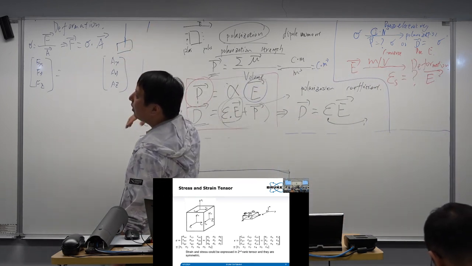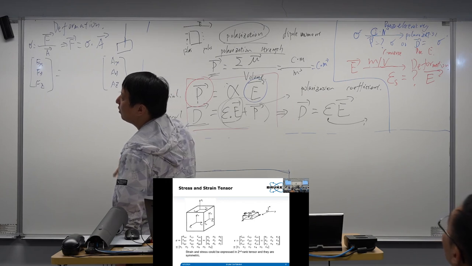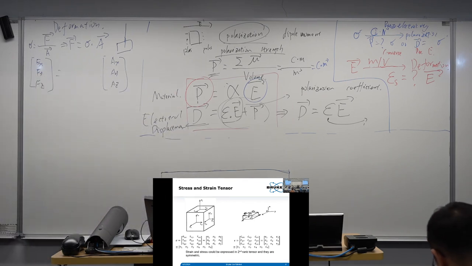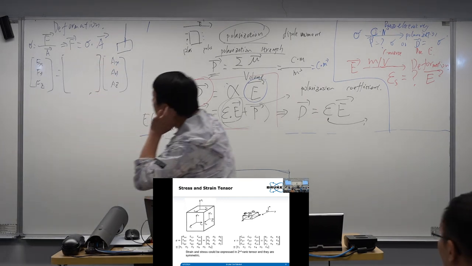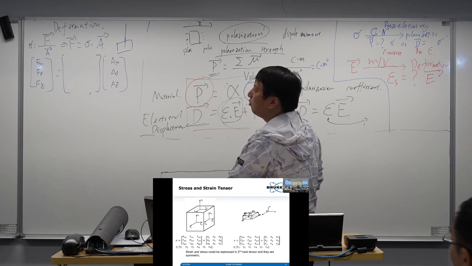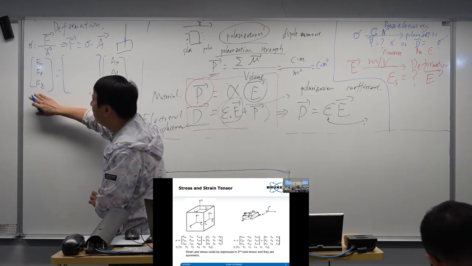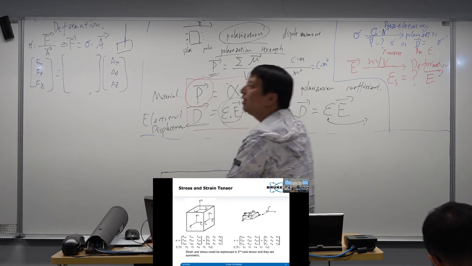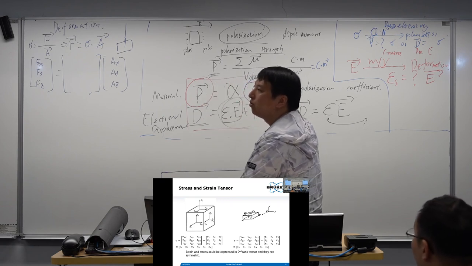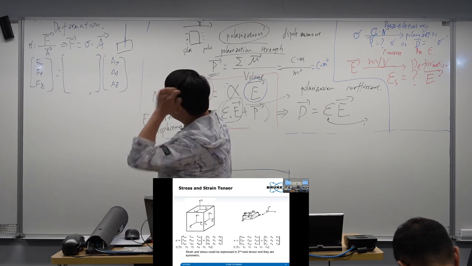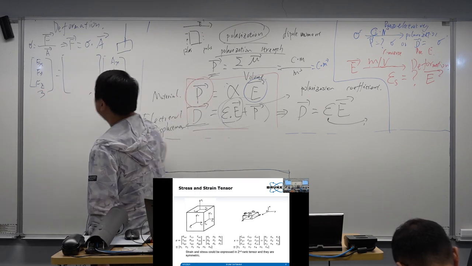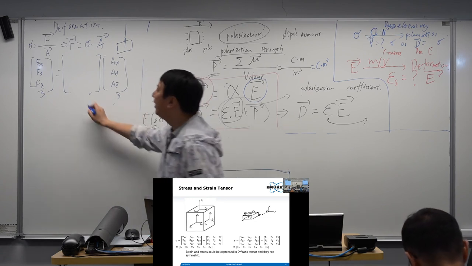They can be at any directions, just like this one, right? It can have any directions. So our sigma itself describes the relationship between three components and three components. The easiest way is we use a matrix to describe it, right?